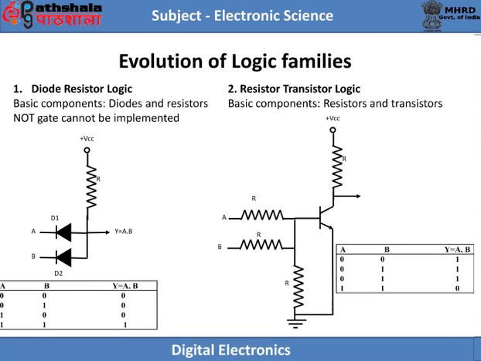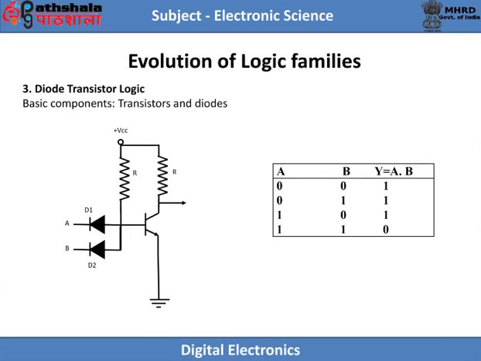When both inputs A and B are at logic 1, then the transistor would be on and the output Y is at logic 0. Hence, this circuit acts as a NOR gate, that is, Y is equal to (A or B) bar. Figure shows the truth table of the circuit.